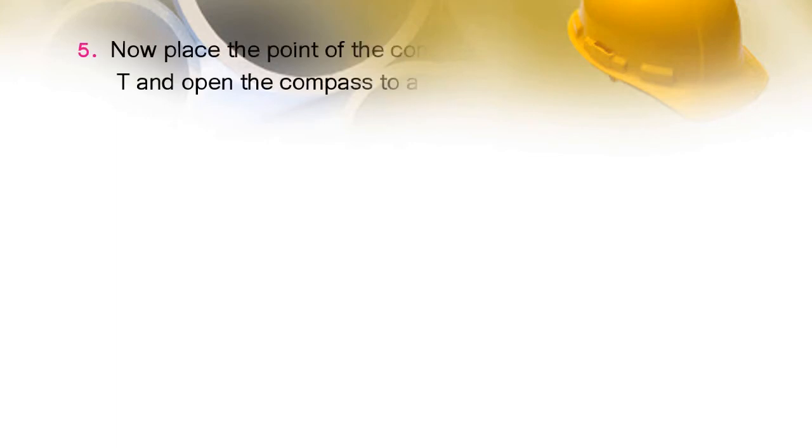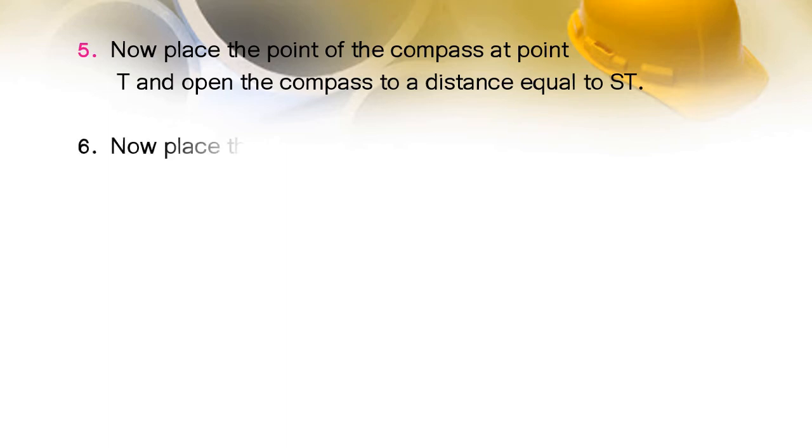Next, place the point of the compass at point T in the first angle and open the compass to a distance equal to ST in the first angle. Now, the compass has some distance that is equal to ST. Now, place the compass point on point D. In the second figure, that is on ray QR, point D is there.